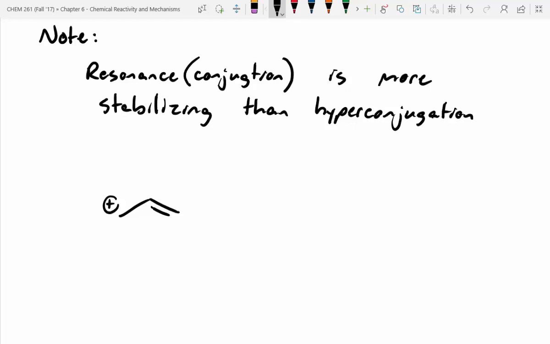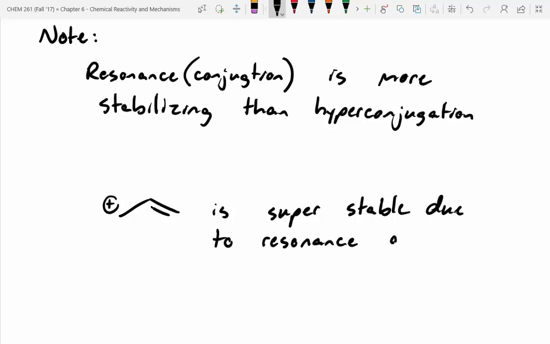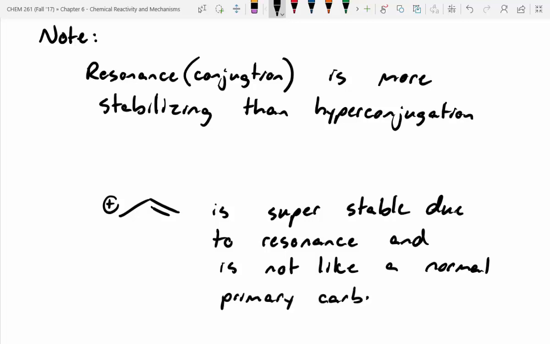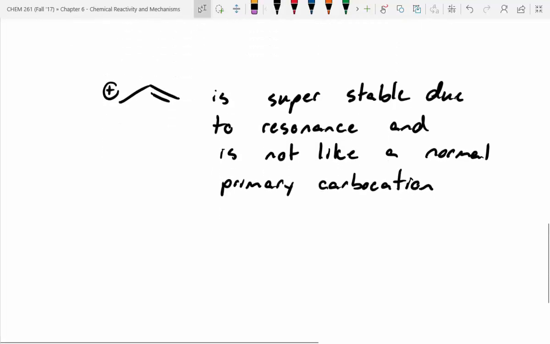And I will say, yes, but it has resonance, right? Resonance is more stabilizing than hyperconjugation, which means that this is super stable due to resonance, and is not like a normal primary carbocation. Does that make sense?